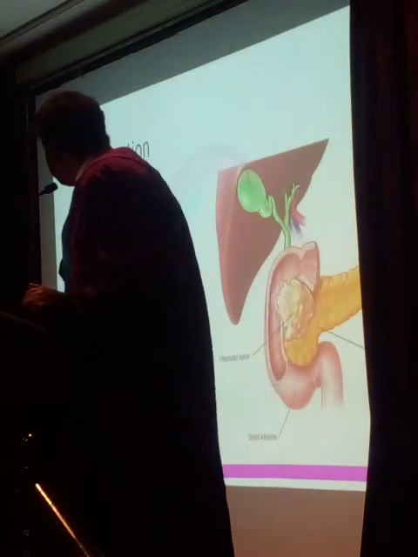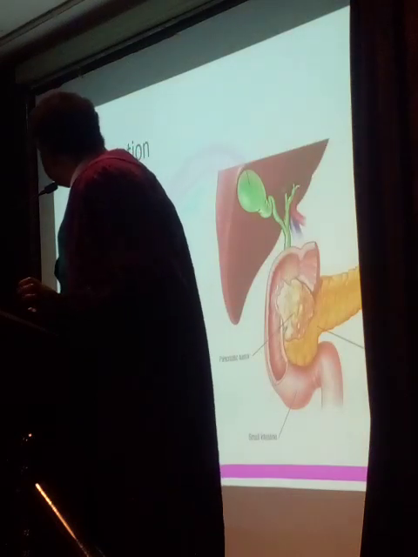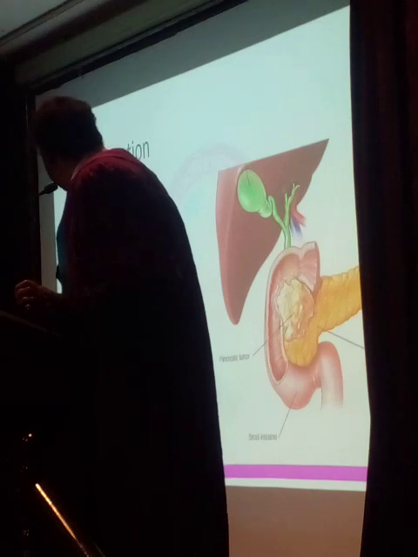Mostly the head and neck tumors present with jaundice because the common bile duct, which comes through the pancreatic head, is blocked by tumors arising from the head and neck area.